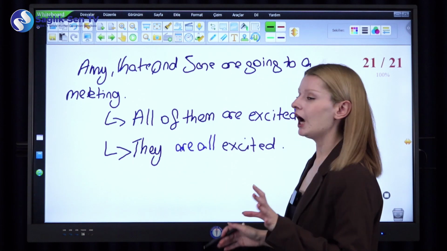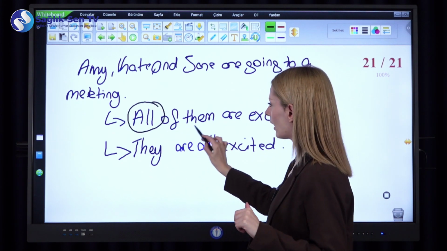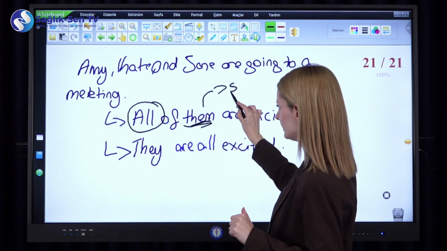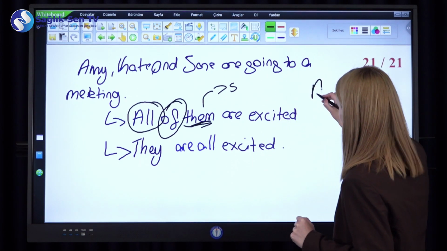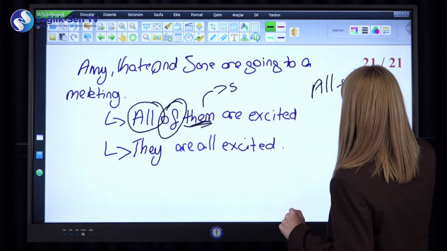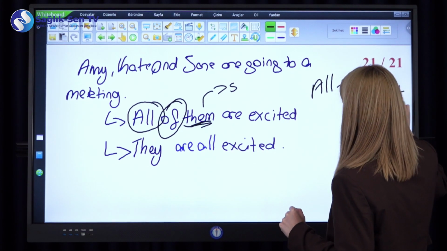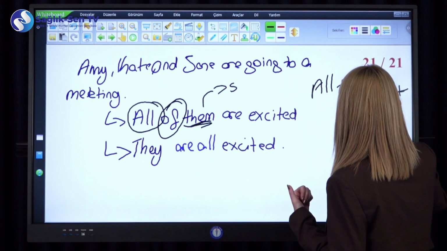Let's see. I can either use it before the subject and use of, like this, all plus of plus subject, but in object pronoun form.